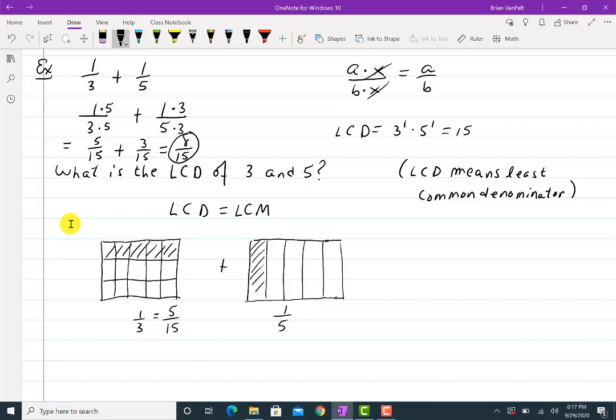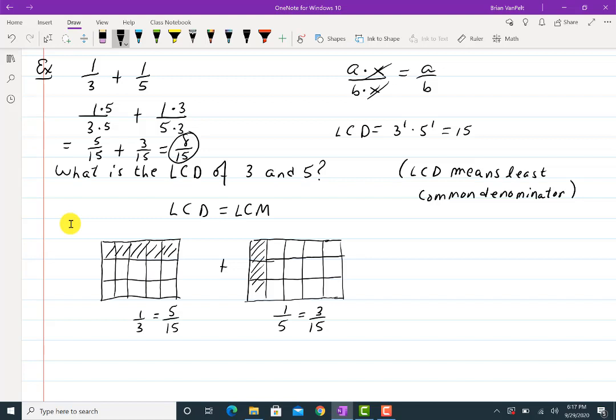Additionally, if I take the 1/5 and I break the whole thing up into thirds like this, that's 15 rectangles again, but this time I have 3 of them shaded. And then once you get to that stage and they have the same denominator, you can, of course, add them together because the denominator is the same. So that's the game that we're going to be playing for all of these.